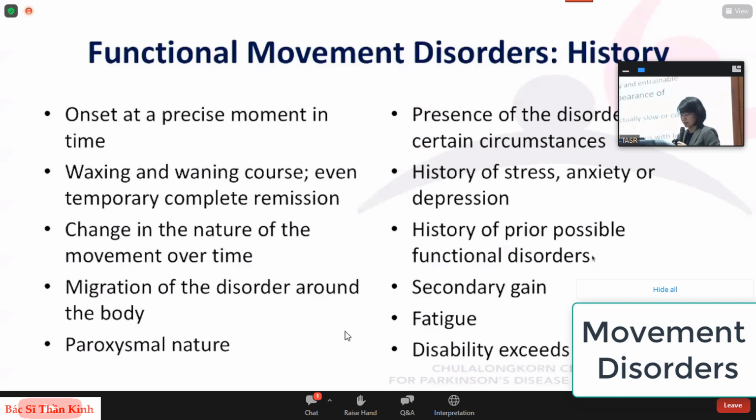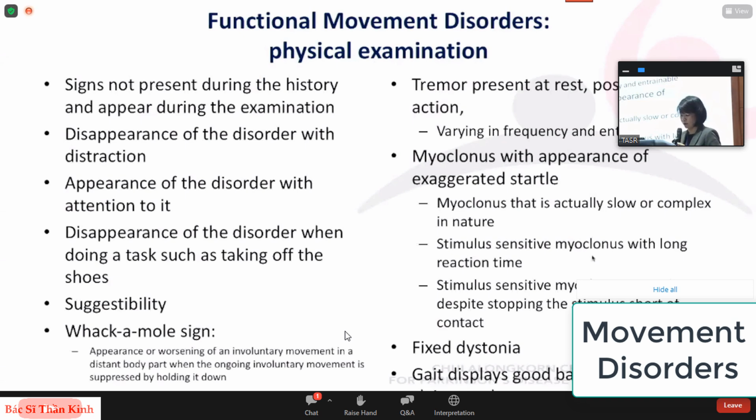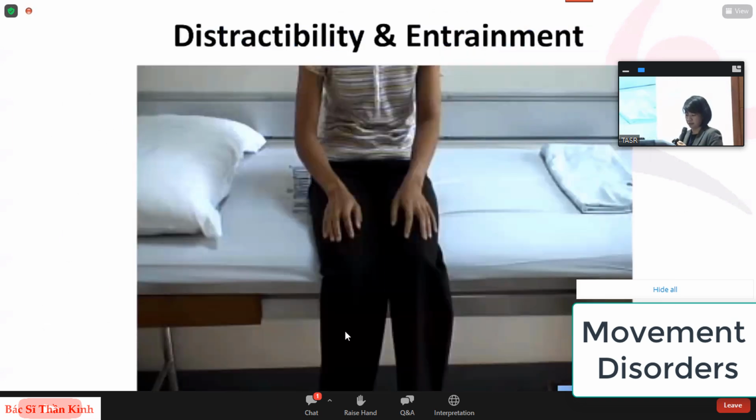For the examination, there are different tests to perform. For example, the movement can disappear with distraction, as I will show you in the next video, and reappear again when there is nothing to focus on. The movement can vary in frequency and is entrainable. Sometimes fake dystonia might be one of the suggestive features of functional movement disorder.